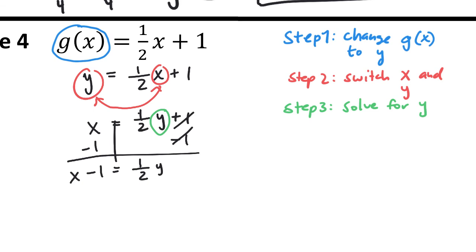What's the opposite of dividing by 2? Multiplying both sides by 2. So I'm going to get 2x minus 2 equals y. Because these two will cancel. And so I solved for y.